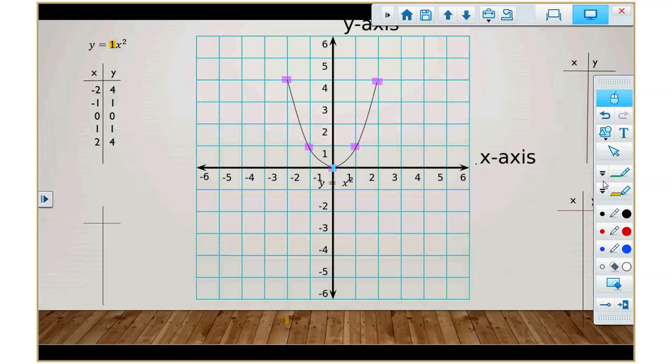After you graph that function, graph this function. Y is equal to 2x squared. So the A has changed from 1 to 2. And watch what happens.